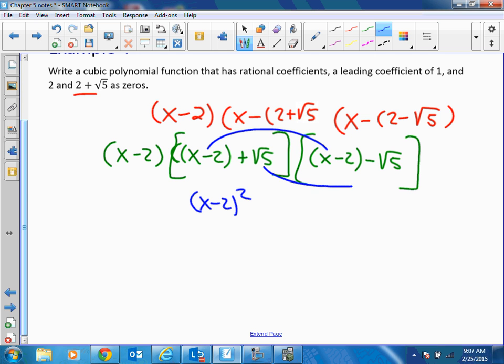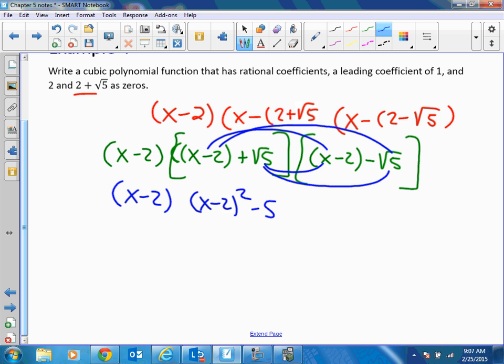And square root of 5 times negative square root of 5 would be negative square root of 25, which would just be negative 5. We could bring down our x minus 2. The reason we don't have to multiply the middle terms is because, remember, if we multiply the middle terms, these two middle terms will cancel out. We don't even need to worry about those, okay?